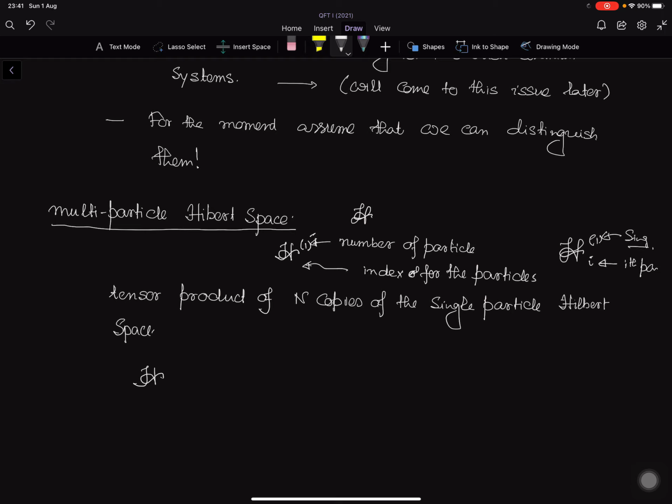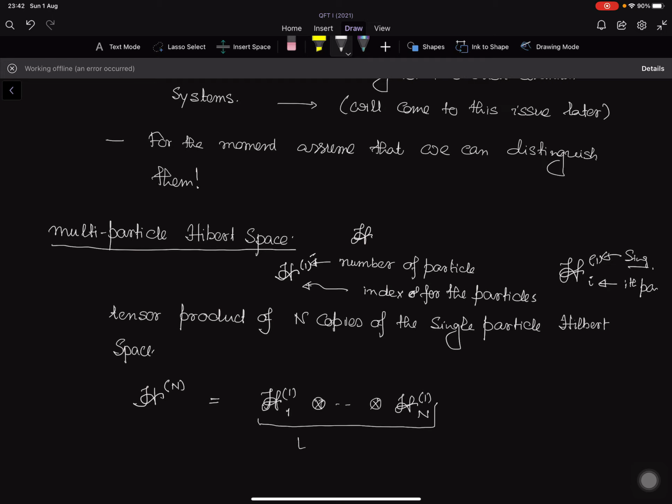With this notation, the Hilbert space for n such particles is simply the tensor product of one particle Hilbert spaces.